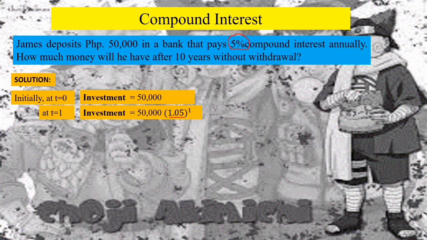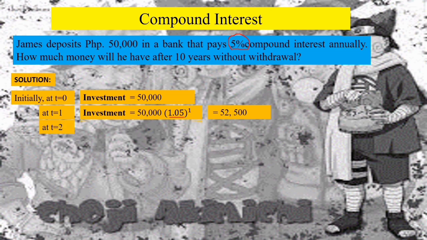Ang formula kasi natin dyan, class, is 1 plus R raised to the power of T. So, ibig sabihin, dahil growth ito, 1 plus R, and your R is 0.05, so 1.05. So, nakuha natin. So, magkano yung investment mo plus the interest in 1 year? That is 52,500.